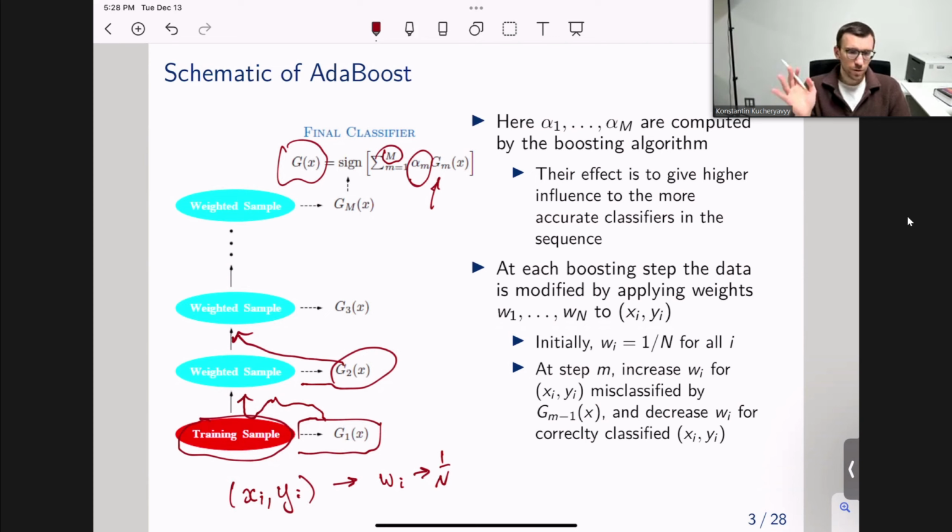We need to choose it by cross-validation or by some heuristic. The larger this number, the better we fit the data, but then we might be overfitting. If the number is small, then we don't fit the data well, so we can have a large bias potentially.